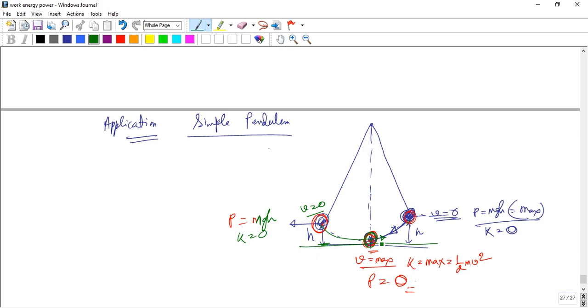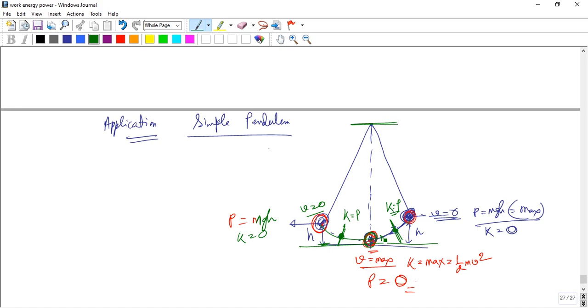If the potential energy is minimum, the kinetic energy is maximum, or they are the same at the midway position, at that point the kinetic energy is also equal to the potential energy. That is the simple bob.